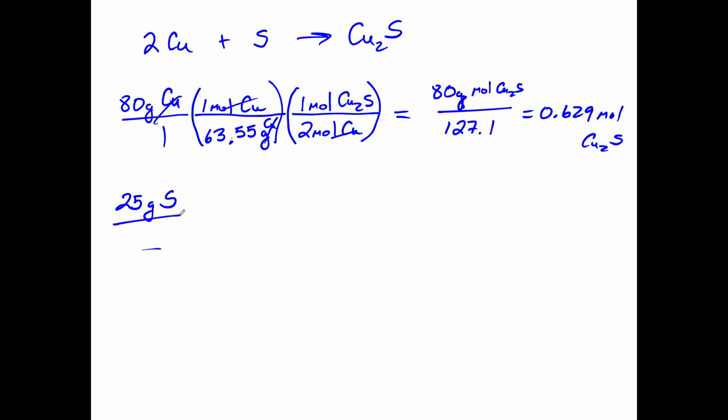Do the same process with sulfur. Now what we're doing is we're changing the amount. It's the same thing, but instead of moles of copper, you've got moles of sulfur, and that atomic weight is 32.07. And then we change it to moles of copper sulfide.